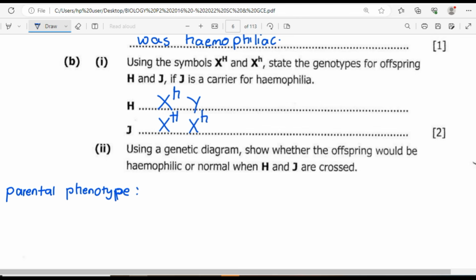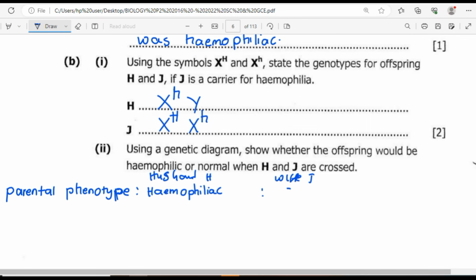Say the husband is H and the wife is J. H will be hemophiliac, because that person is sick.